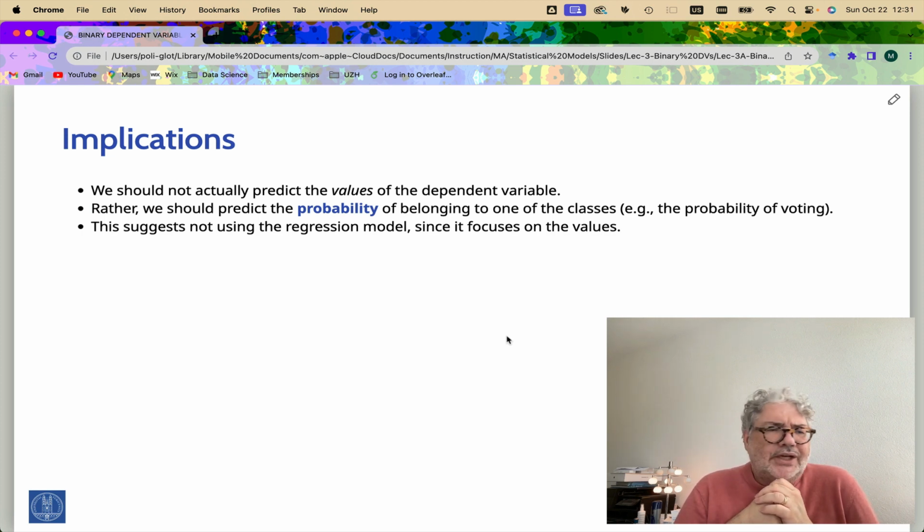And of course, assuming that voting and abstention are the only two alternatives that a citizen has at his or her disposal, and they're mutually exclusive, then the probability of abstention is just equal to 1 minus the probability of voting. So what this all suggests is that we should not be using a regression model, because that is focused on the values of the outcome variable. We need a model that is about the probabilities.